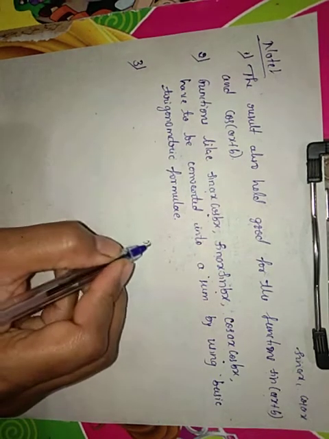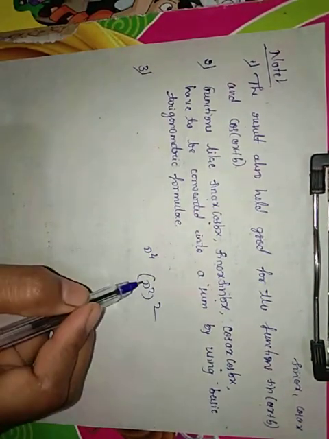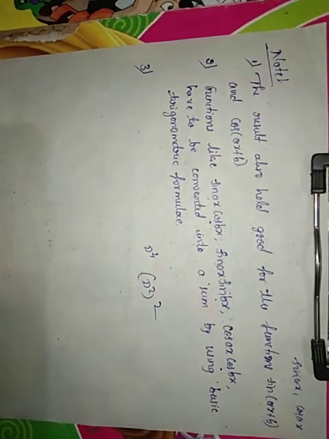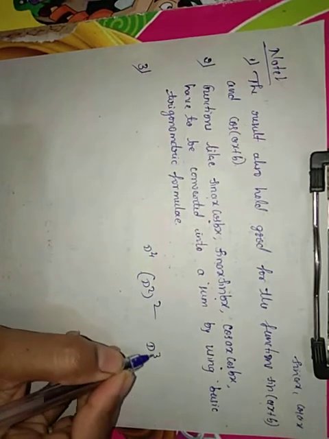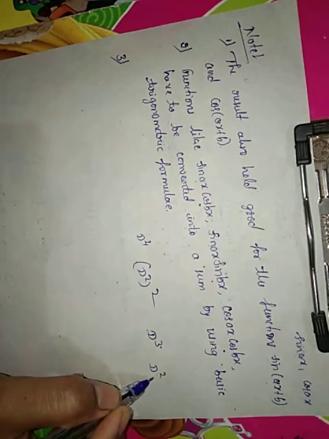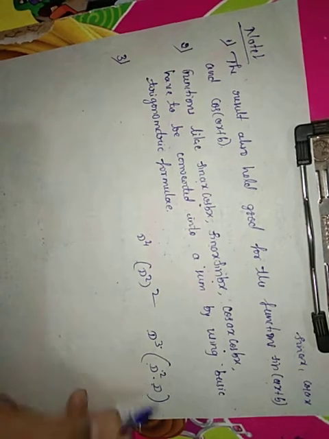Even powers of d can also be used here: if d raised to 4 is there, write it as d square whole square and replace d square by minus a square. Suppose it is d cube, rewrite it as d square into d.